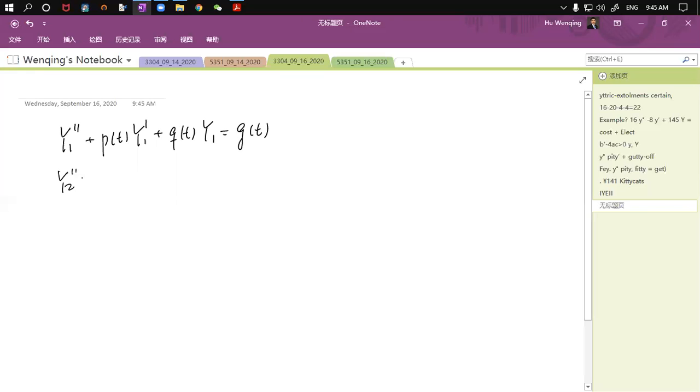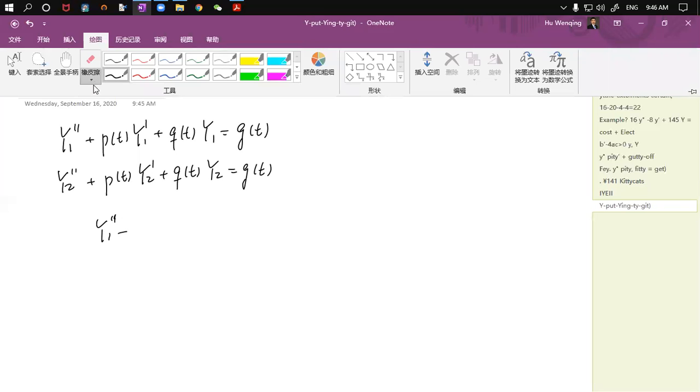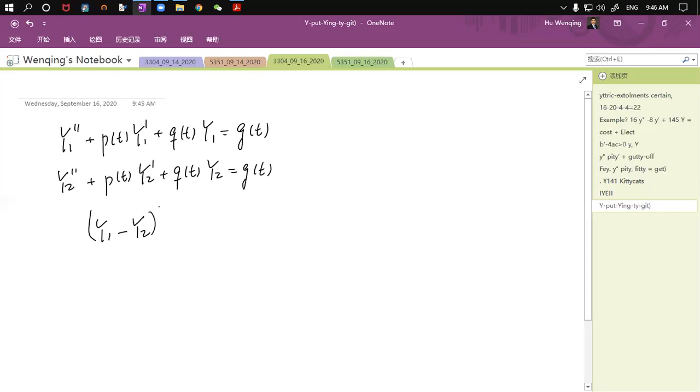And y2 is a solution, so y2 double prime plus p of t times y2 prime plus q of t times y2 is also equal to g of t. Therefore it means that y1 minus y2 double prime plus p of t multiplied by y1 minus y2 prime plus q of t multiplied by y1 minus y2 is just equal to 0. So the difference between these two non-homogeneous equations is going to be homogeneous.